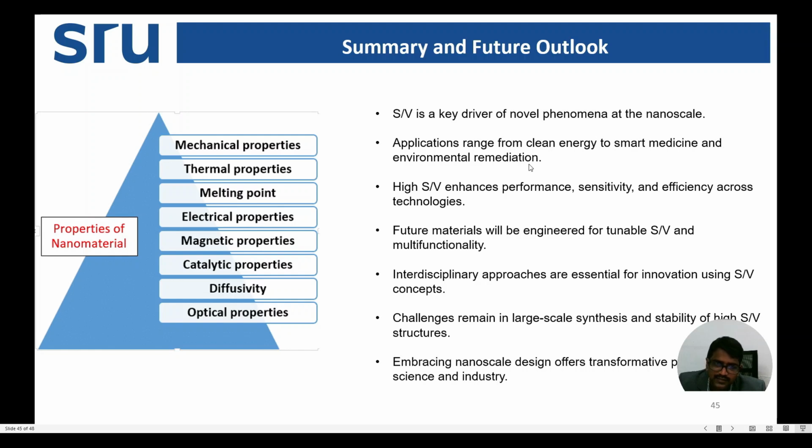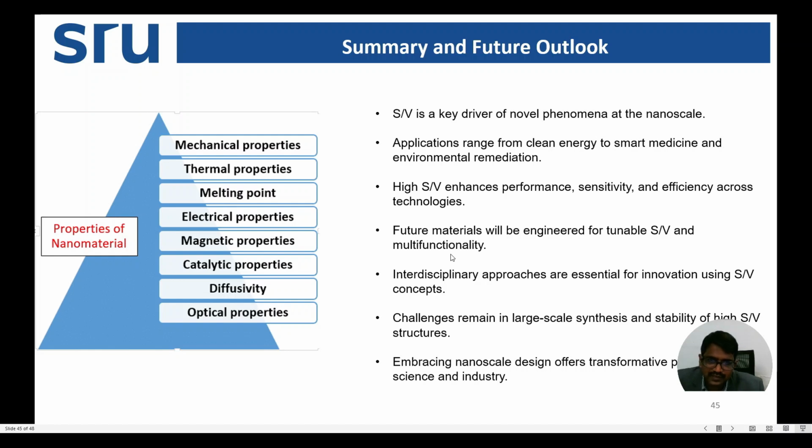We already discussed the applications of nanomaterials in various fields: smart materials, energy related things, environmental. High surface to volume ratio enhances performance, sensitivity, and efficiency across technologies. Future materials will be engineered for tunable surface to volume ratio and multifunctionality.